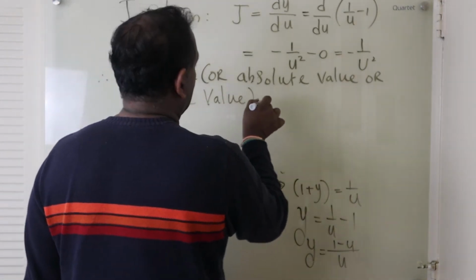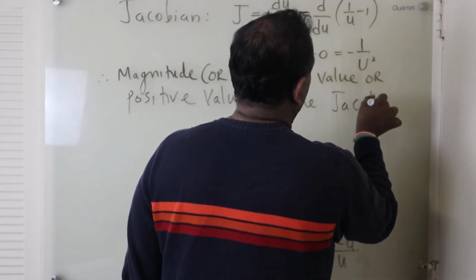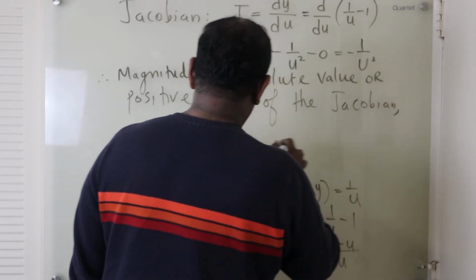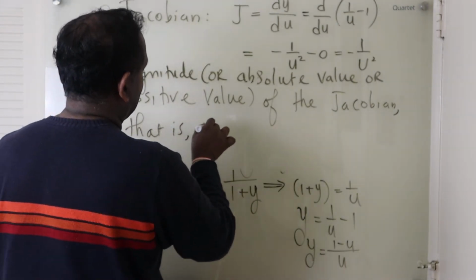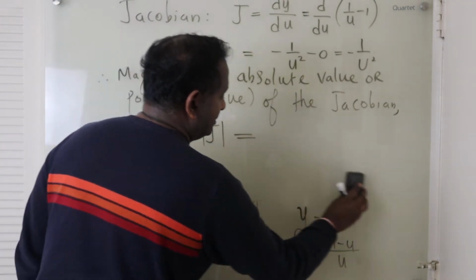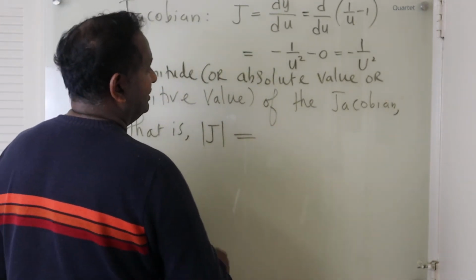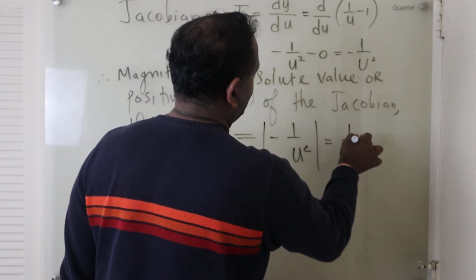The value of the Jacobian, denoted by J, equals minus 1 over u squared, which is 1 over u squared.